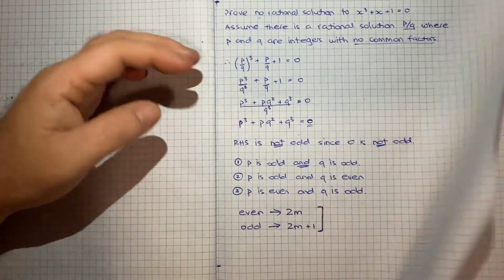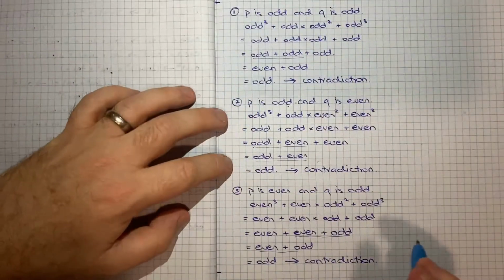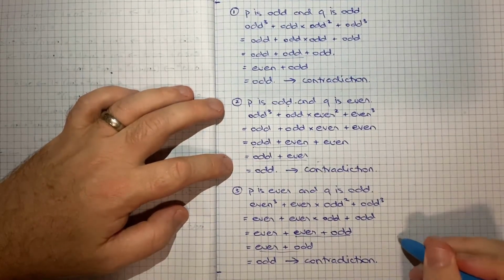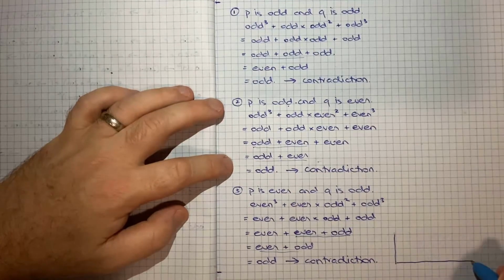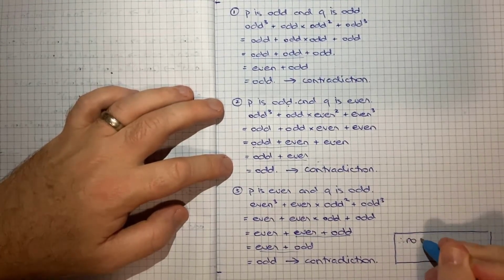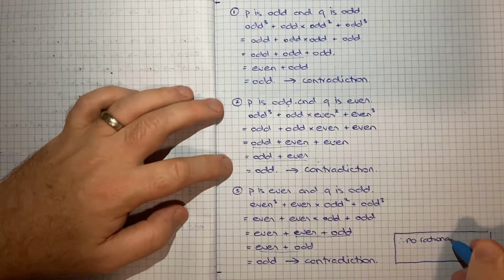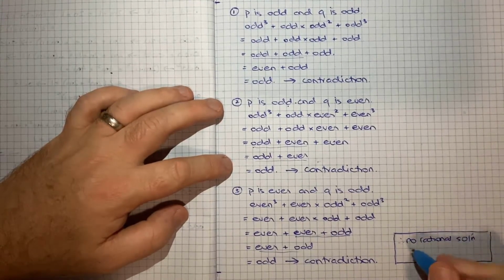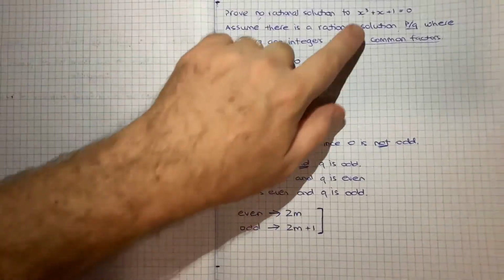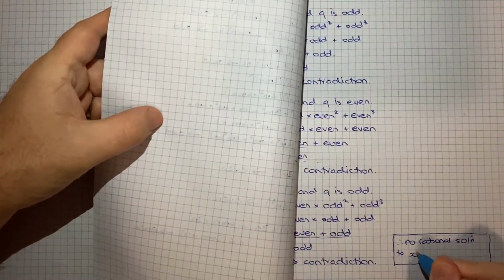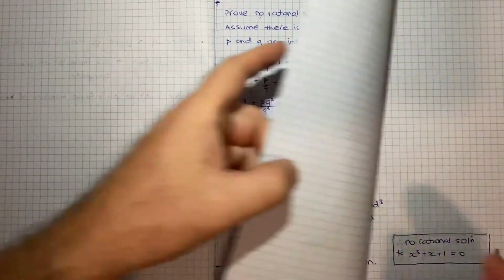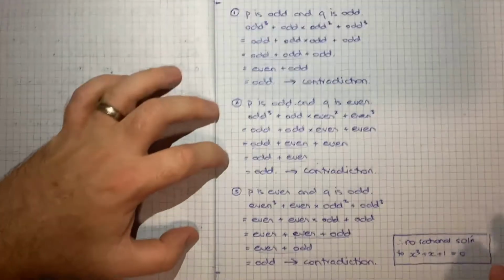So therefore, no rational solution to our equation, which was x cubed plus x plus 1 equals 0. And that is our proof by contradiction.